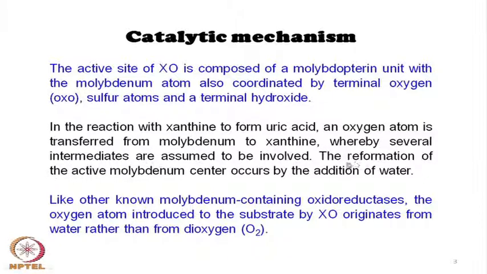So, during this transformation, whatever molybdenum center is active in the resting state, after the transfer of that oxygen atom, which is already attached to the molybdenum site, to xanthine to produce uric acid, that particular site will be vacant.